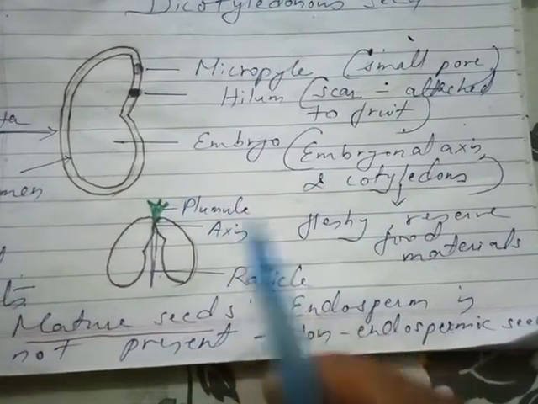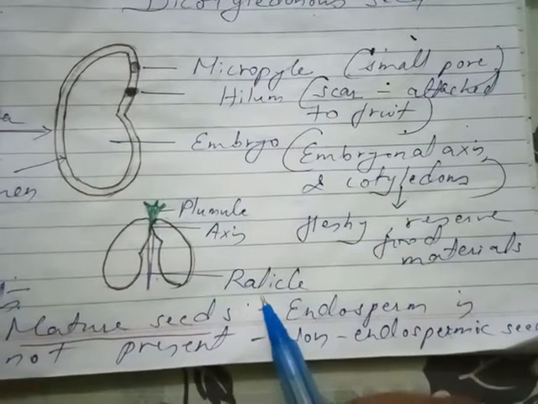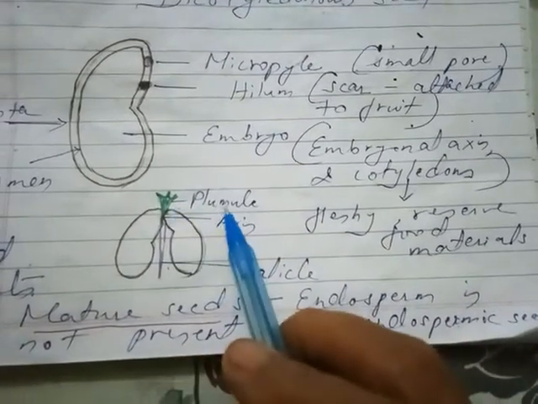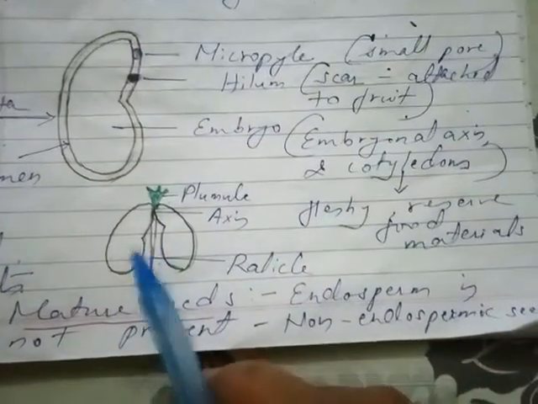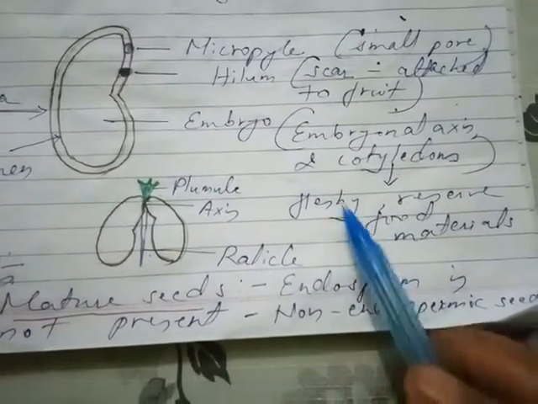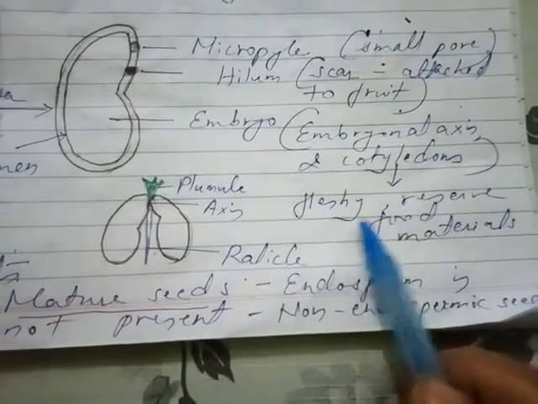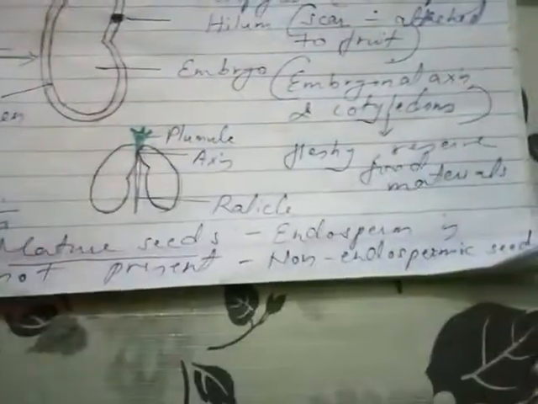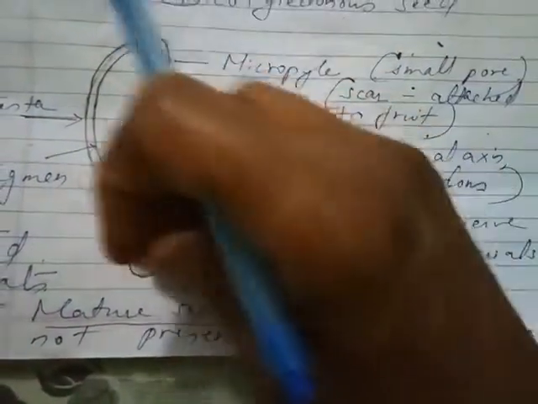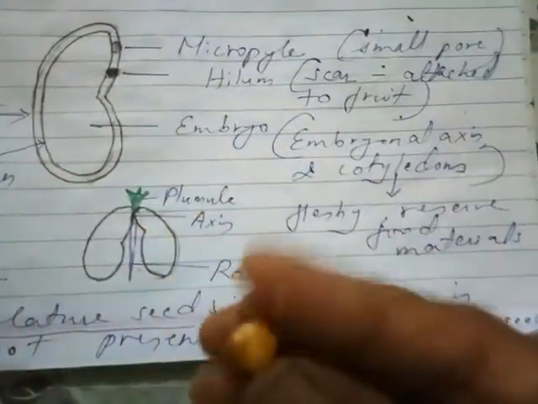The cotyledons have the reserved food material, so they are fleshy. That is in case of dicot seed.